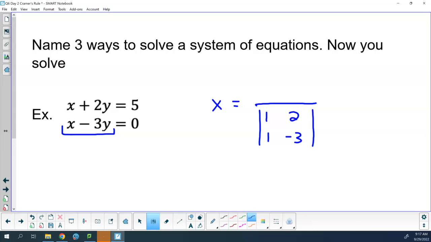Then, because I'm solving for x, I'm going to take that same coefficient matrix, but I'm going to replace the x coefficients with the two numbers that we have there.